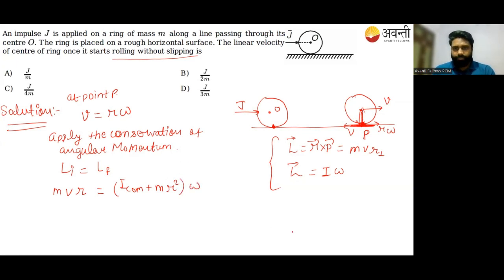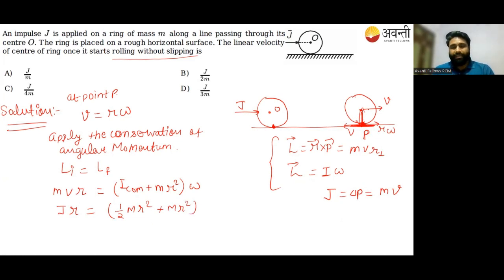We can say that J is nothing but the change of momentum delta P, and initial velocity is 0, final velocity is V. So it is mv. So we can put it here, J into R equals to, what is the moment of inertia of the ring? It is half mr square. 1 by 2 mr square plus mr square.